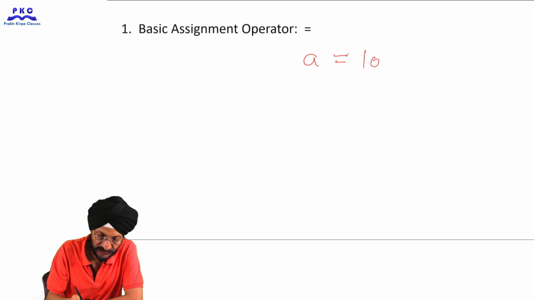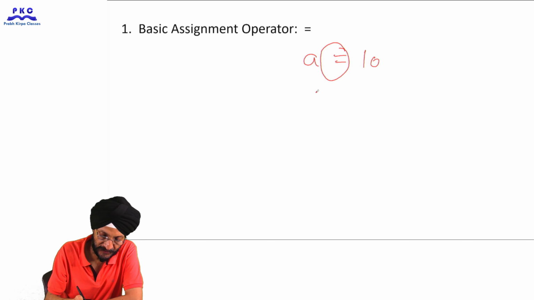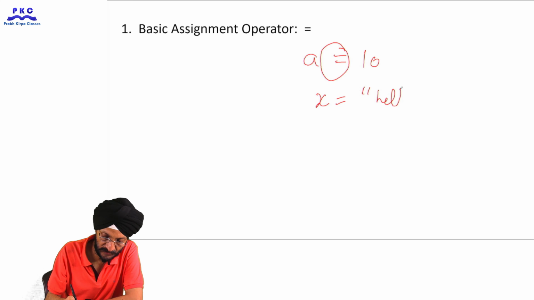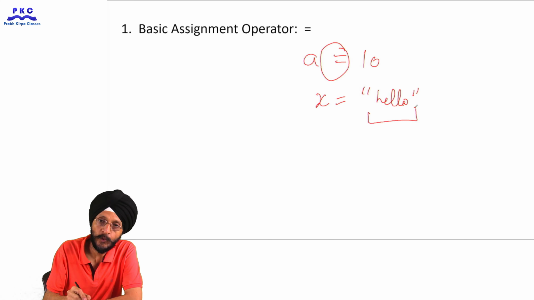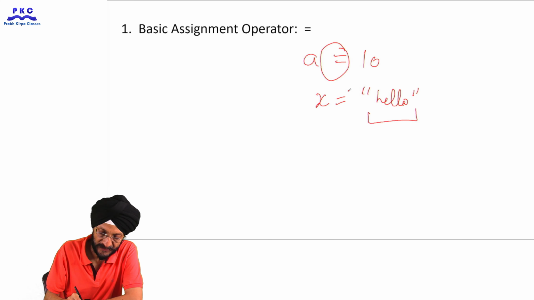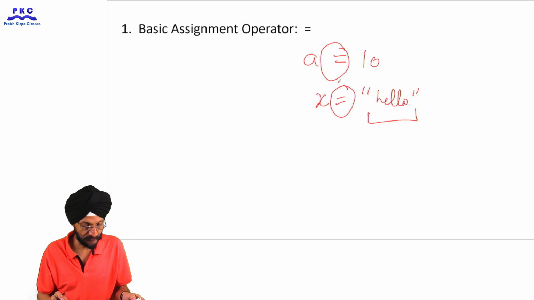So this assignment operator is equal to is assigning a value to a variable. If we write x is equal to hello, then hello is the value which has been assigned to the variable x by the basic assignment operator is equal to.